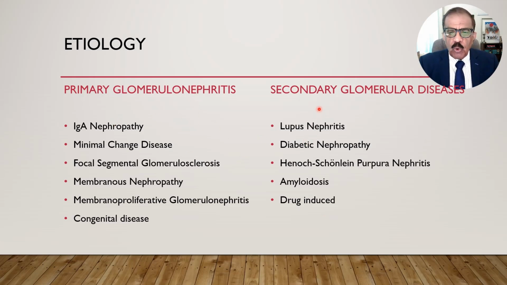It could be some disease which primarily affects kidneys, like primary glomerulonephritis, and I've already covered a lecture on glomerulonephritis, but this is just a list: IgA nephropathy, minimal change disease, focal segmental glomerulosclerosis, membranous nephropathy, membranoproliferative glomerulonephritis, and congenital disease.